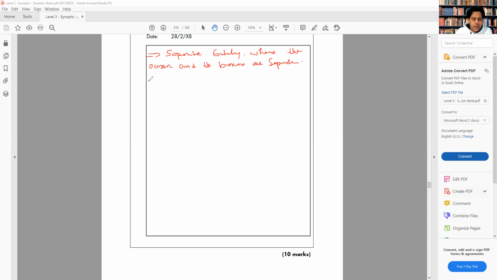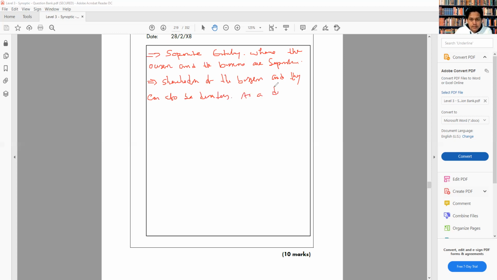The next point we have to write is what their position will be. So there will be the shareholders of the business, and they can also be directors.